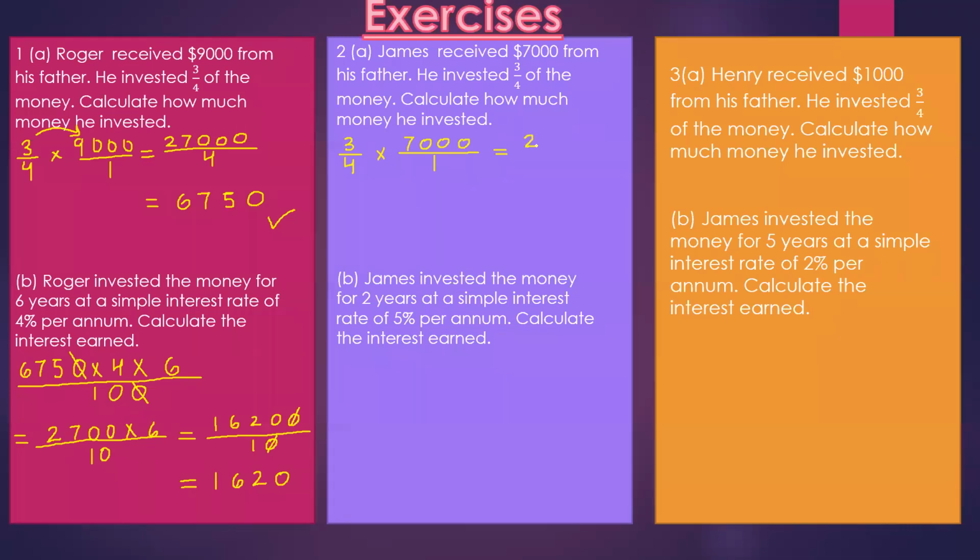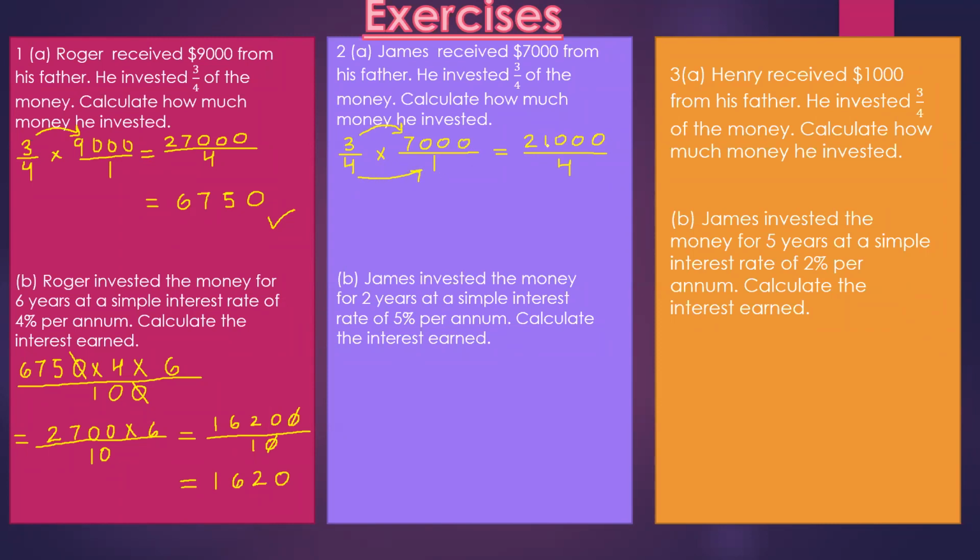Then for B, it would be 5,250 times 5 times 2. Wait, I haven't reached B yet. So let me finish writing this down. That's fine. 4 times 1 is 4. So we multiply the 3 by the 7,000 and the 4 by the 1.